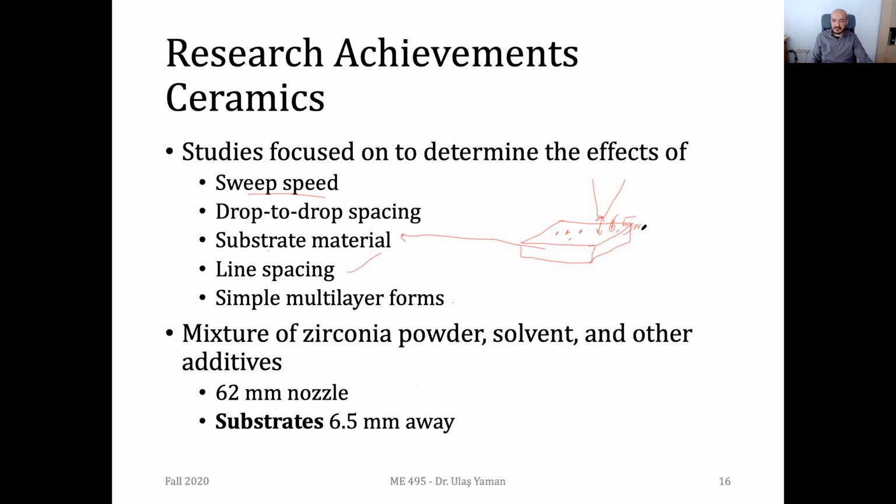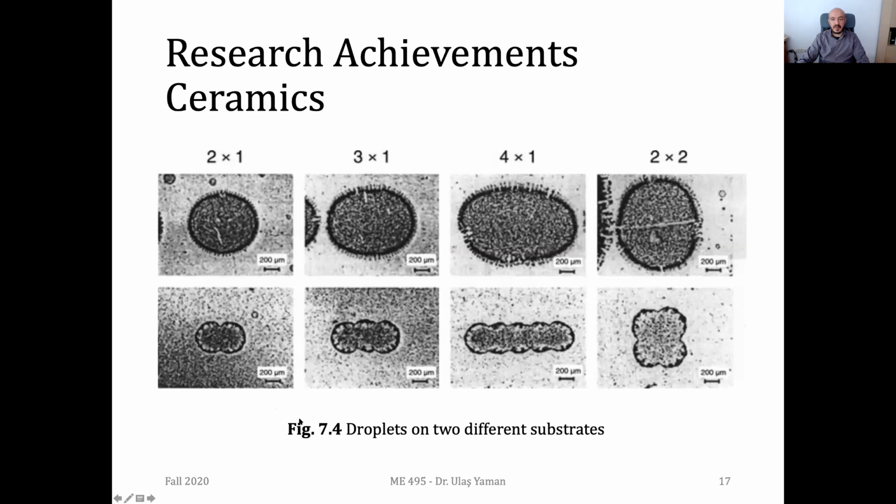But again, it depends obviously on the type of material you are using and the nozzle diameter. Here are some experiments, but not important. They should find proper parameters so that there will be a nice fusion between these generated drops. I think this might be the proper case.